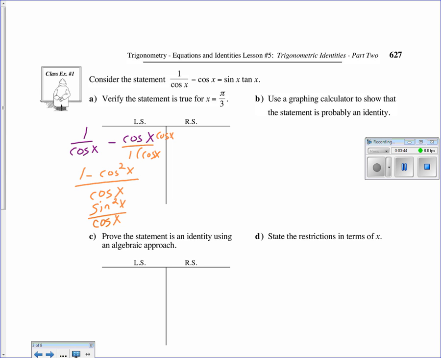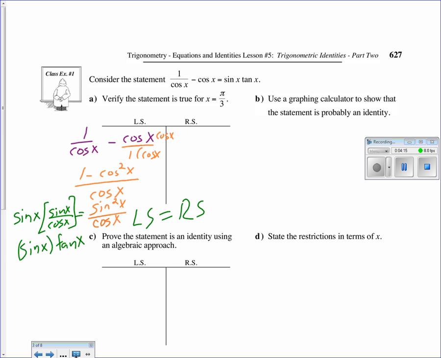Well, if I can factor a sine x out, I'm left with sine x over cosine x, which is in fact equal to sine x times tan x. I've made my left side look like my right side, so I get to say left side equals right side. Put an equal sign in between it.